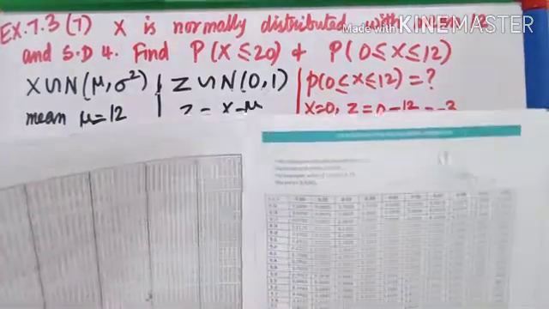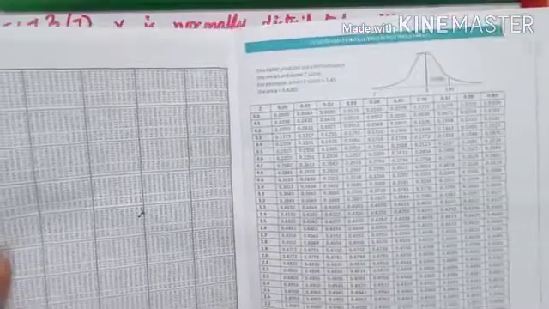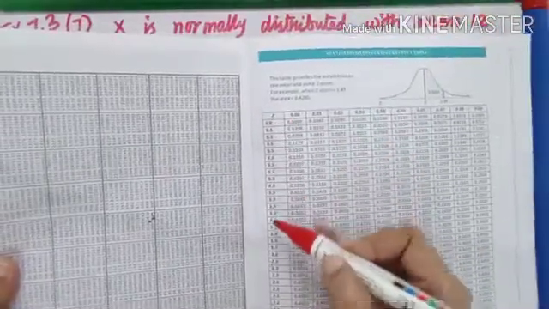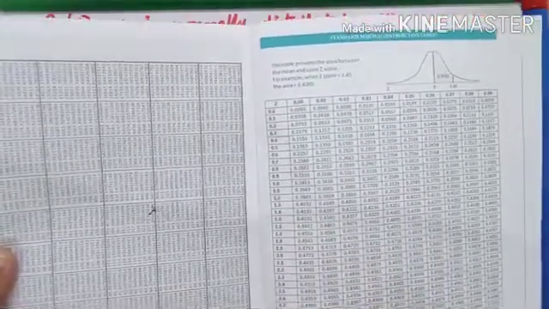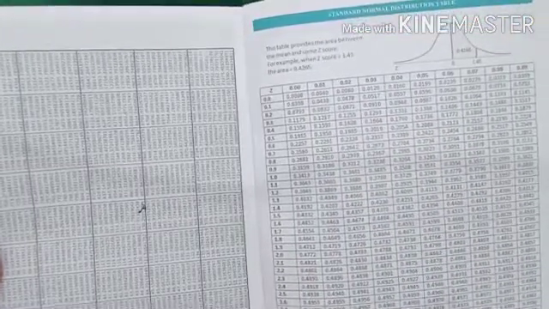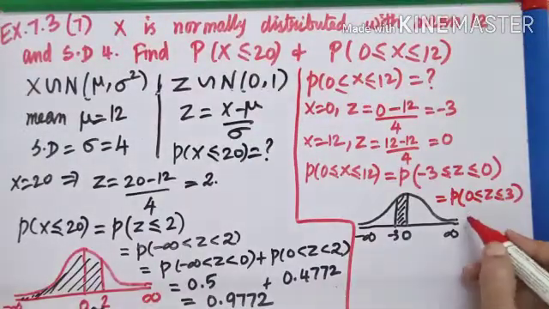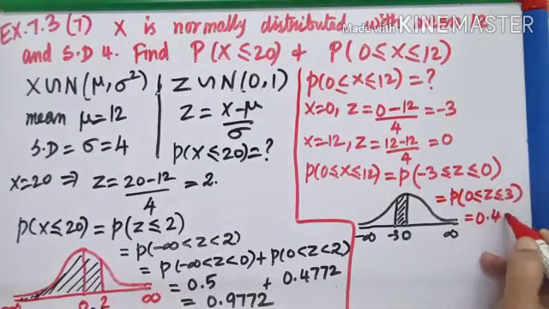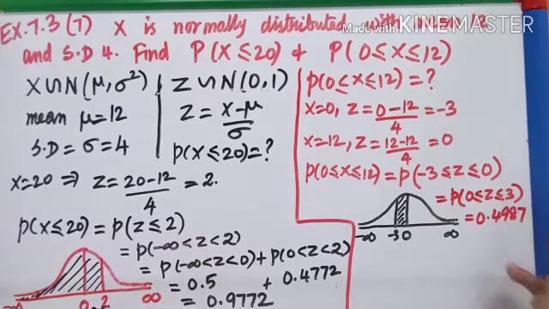The same table we have taken. My question is 3 now. So I keep searching the z value. It is 3 under 0. So 3 under 0, it is 0.4987. So the answer is 0.4987. That is the final answer.